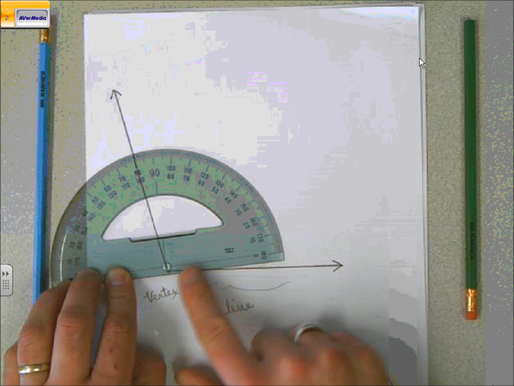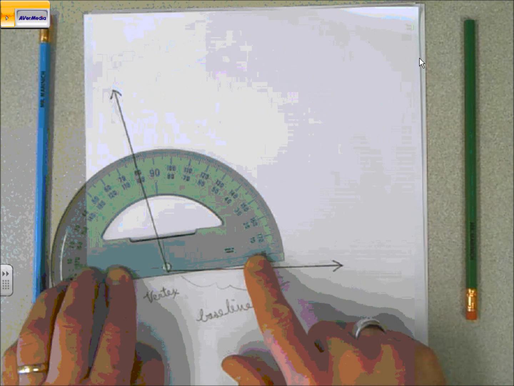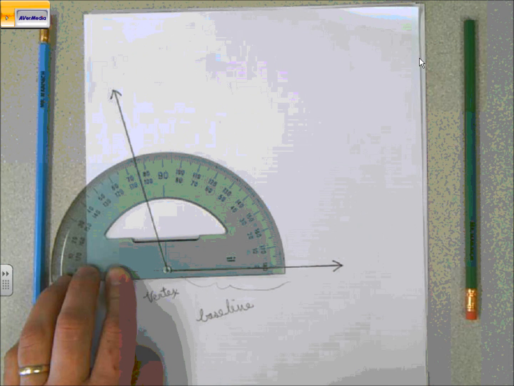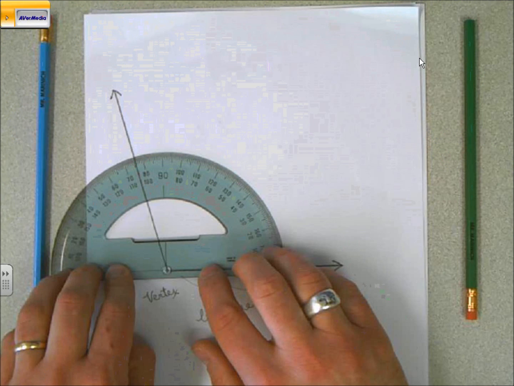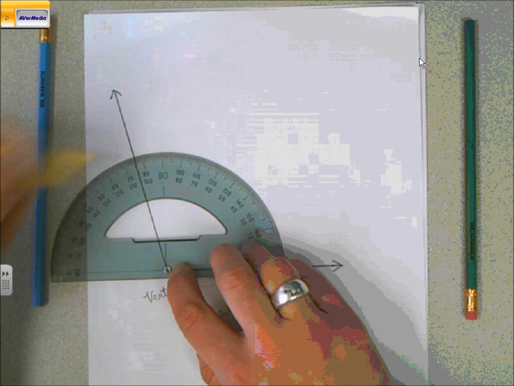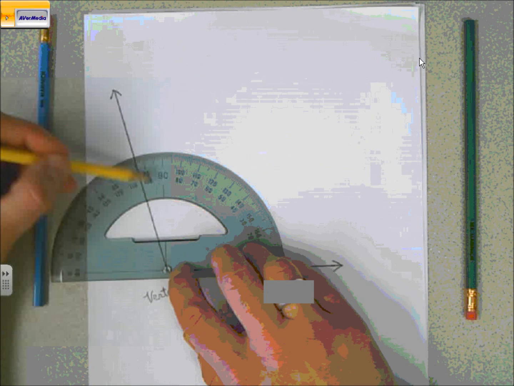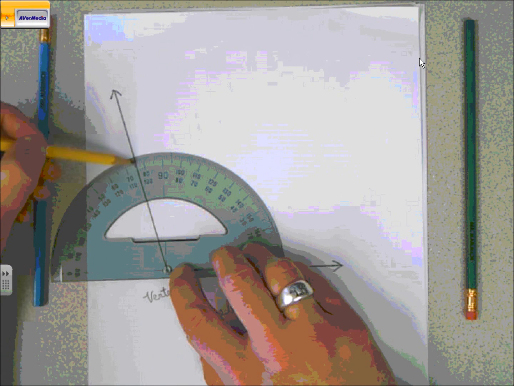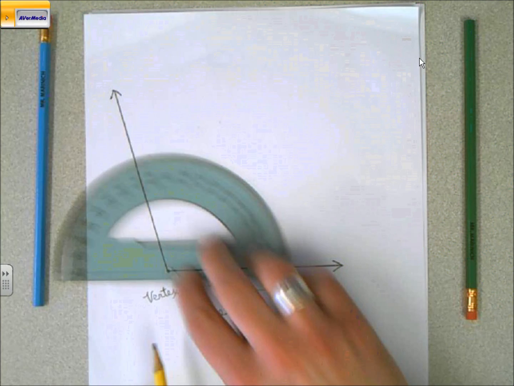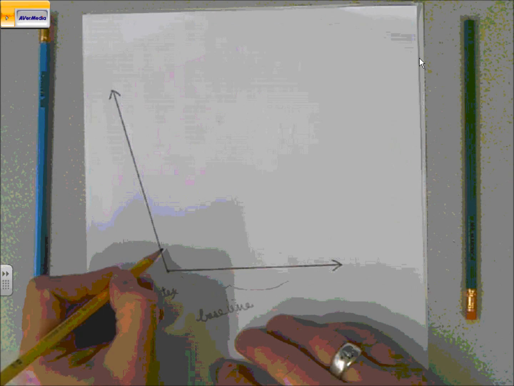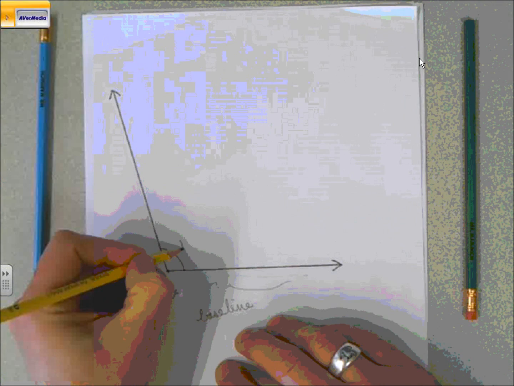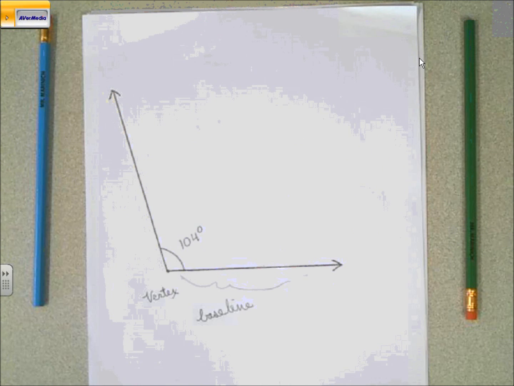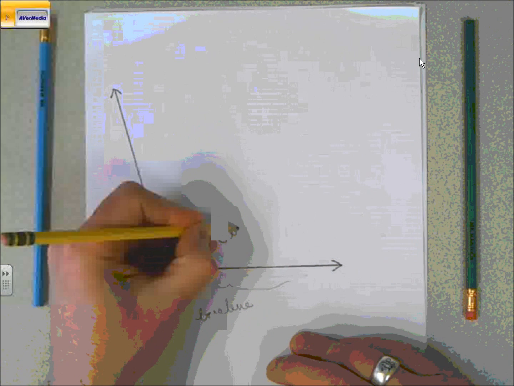See, there's this line going across horizontally across my protractor, and I'm going to line that up, and you'll see, like I said, that ray over here passes right through about 100. It's between 100 and 110. There would be 105 right in the middle. So let's go with 104 degrees. So this angle measures 104 degrees. There's the first one. And that would be obtuse. You're probably thinking, good for you.